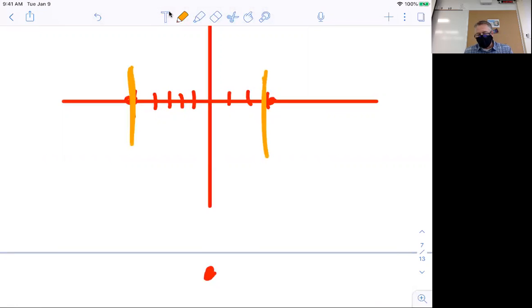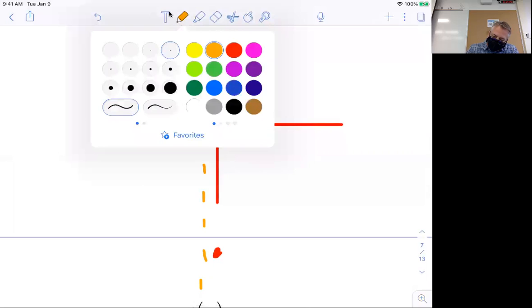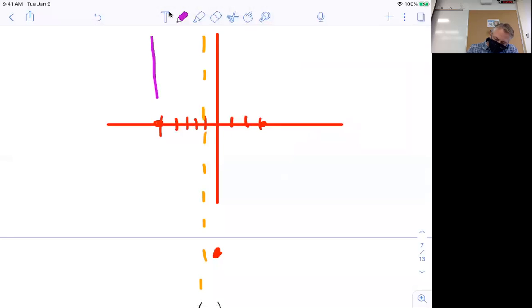So the number right in between negative 5 and positive 3 is negative 1. Okay, you can always get that by adding them together and divide by 2. Negative 5 plus 3 is negative 2. Divided by 2 is negative 1. So that means that my axis of symmetry is negative 1. So my graph actually looks like this.